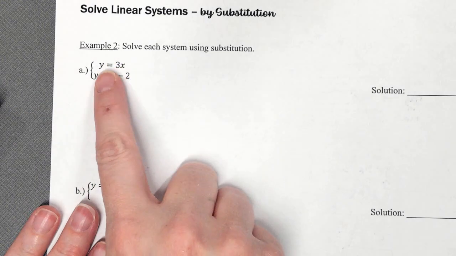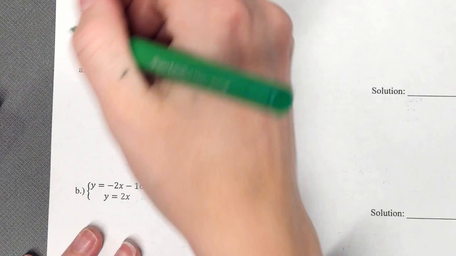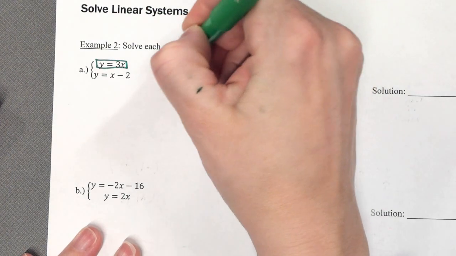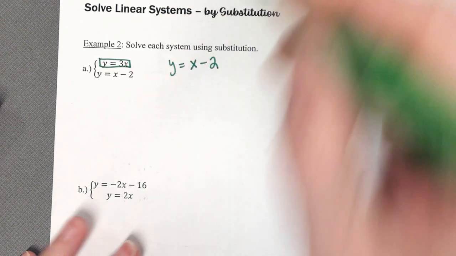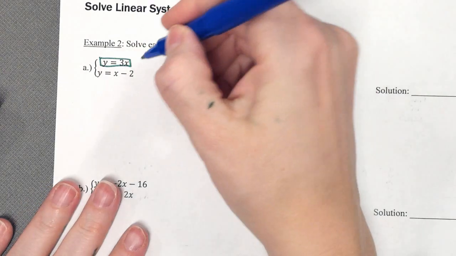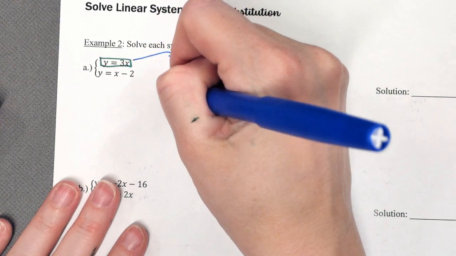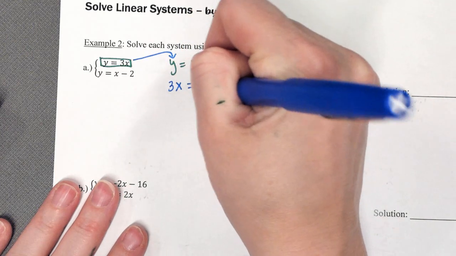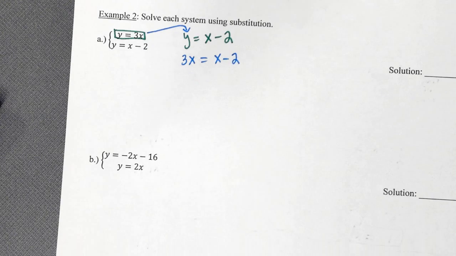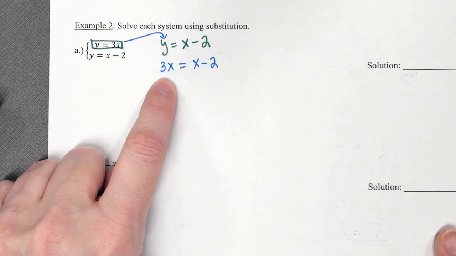So you're still going to have a y equals, okay? Y equals 3x. And you're still going to plug it into your equation. The only difference is now when you plug this in for y, you have 3x equals x minus 2. So instead of just a number, you're going to have a variable with it.